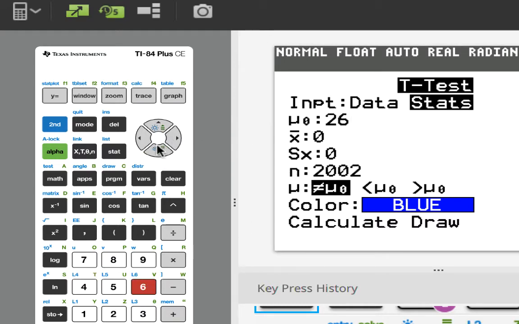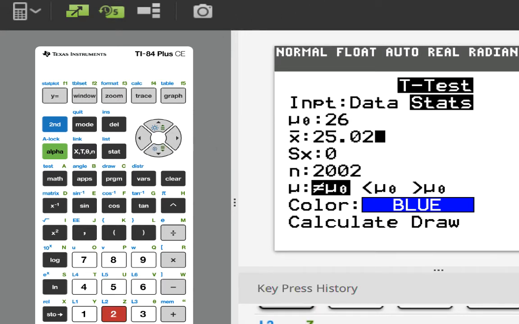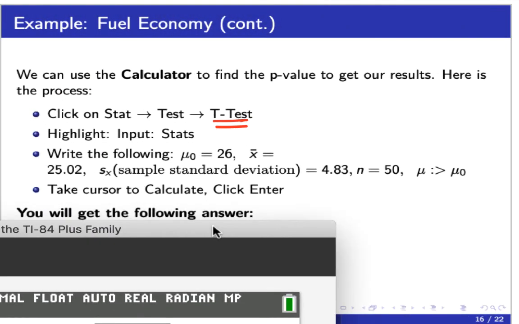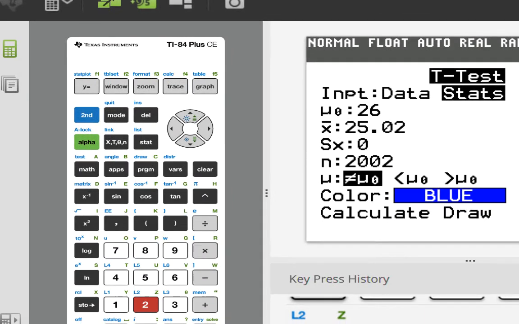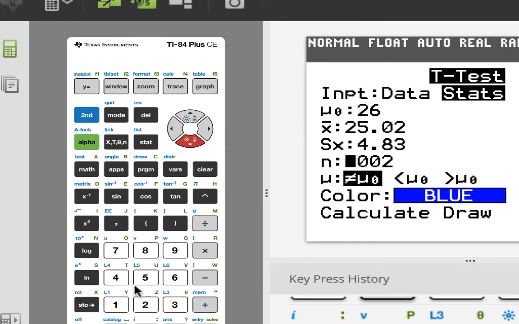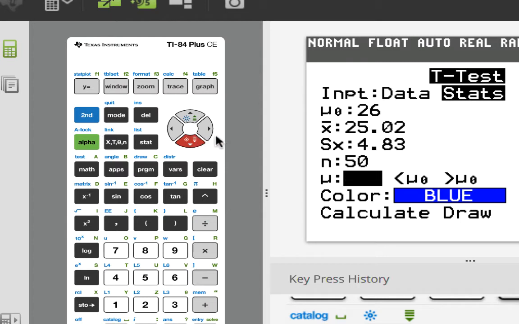The mean is the one which was given to us, 25.02. The sample standard deviation, let's see, what was it? 4.83. The n, the sample size, was 50, and it is greater than, that's what they're saying. They're hoping to get it more.